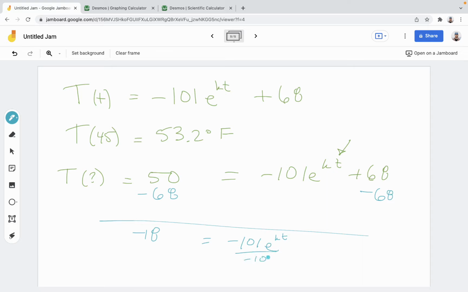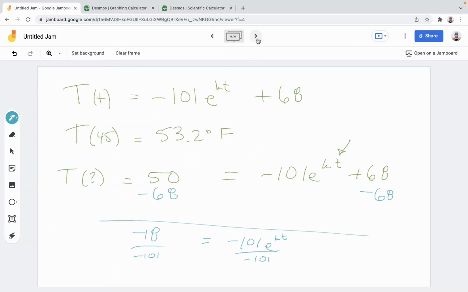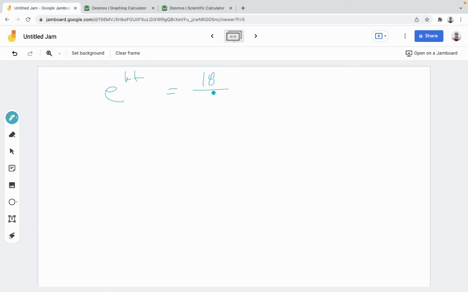Divide by negative 101. And so now I get e to the kt equals 18 over 101. Feels very familiar. And then ln of 18 over 101 equals kt. In other words, t equals ln of 18 over 101 divided by k.